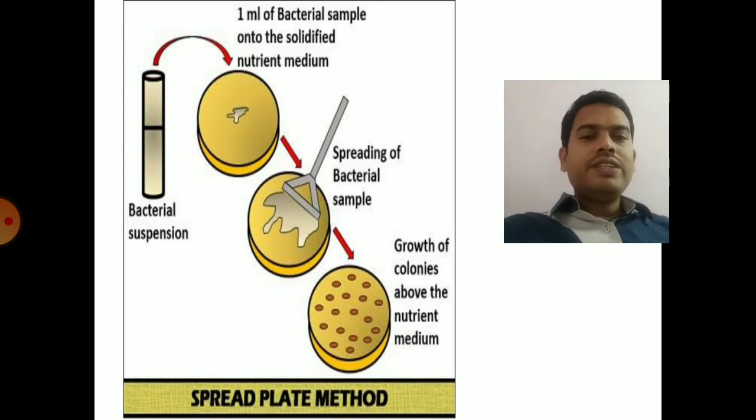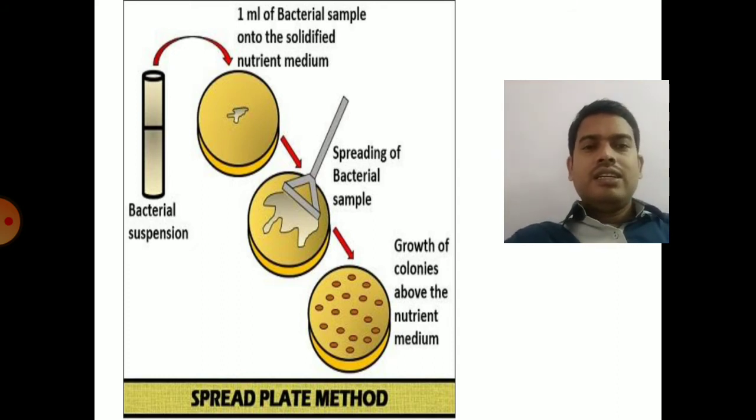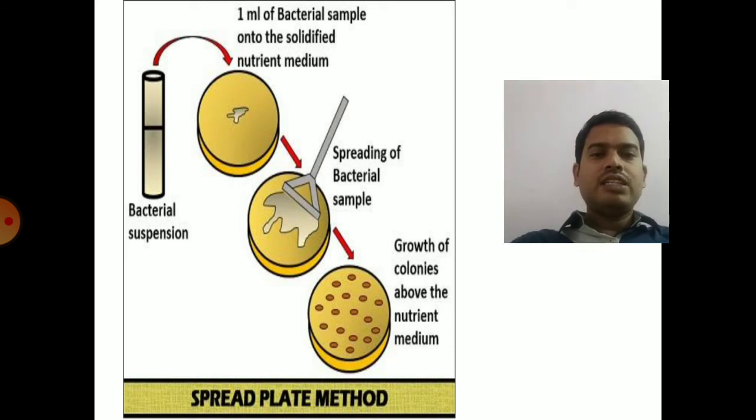After that, you introduce a drop of your bacterial suspension onto this nutrient agar medium, and spread this sample evenly on the surface of the nutrient agar medium with the help of a spreader. You spread the inoculated bacterial suspension.